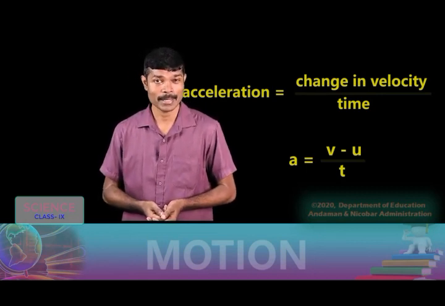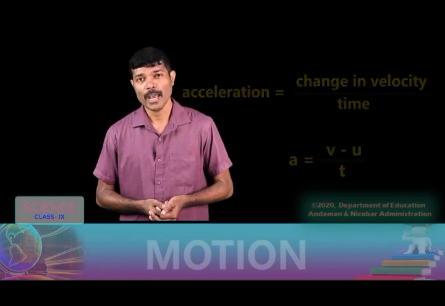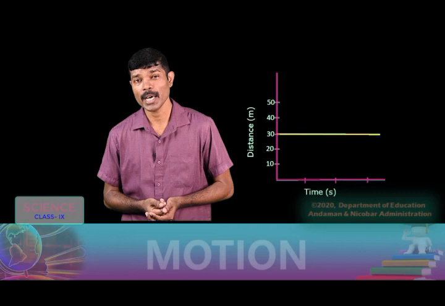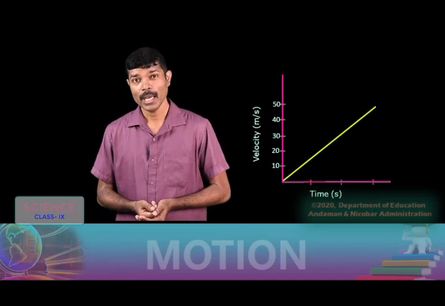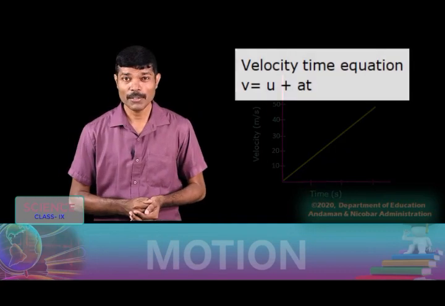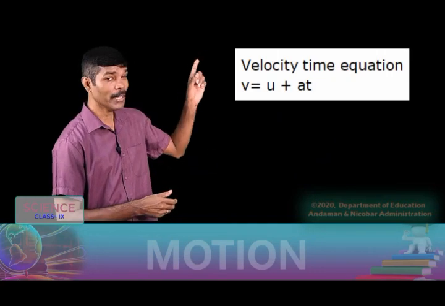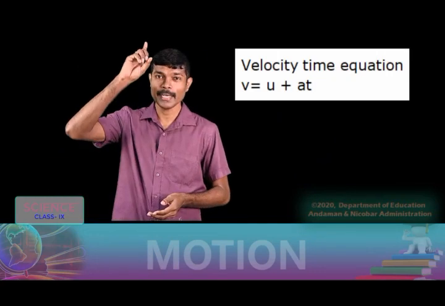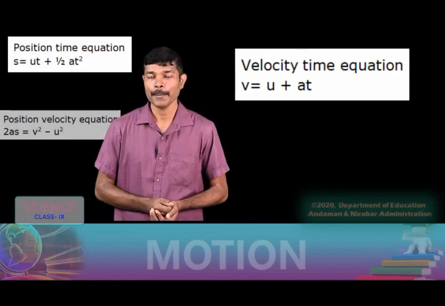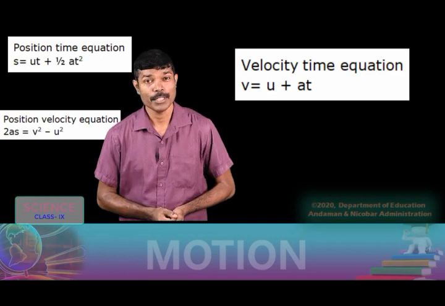Later on we have seen different types of motion and how these motions are expressed graphically, and we have derived three equations of motion. Firstly, the velocity time equation. Secondly, the position time equation, and thirdly the position velocity equation.